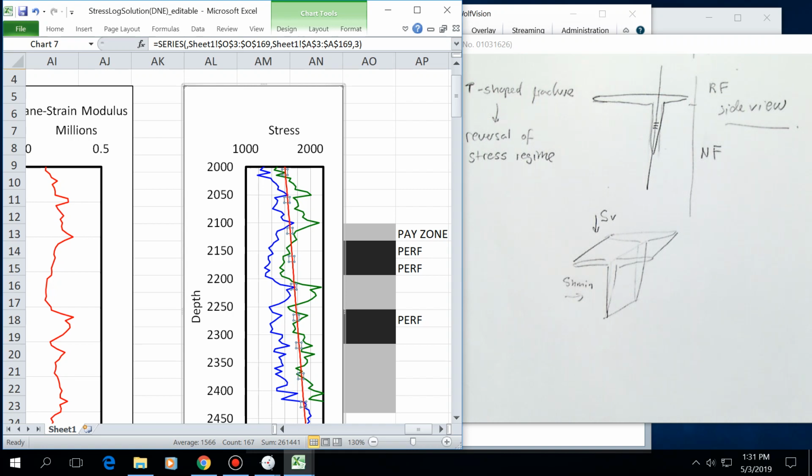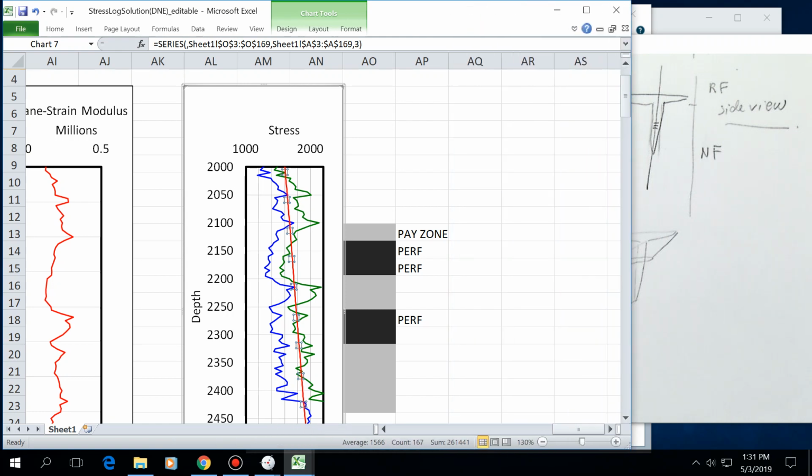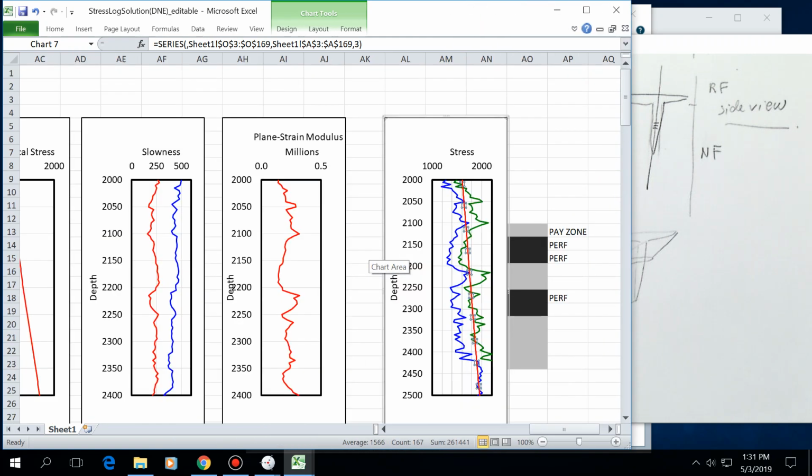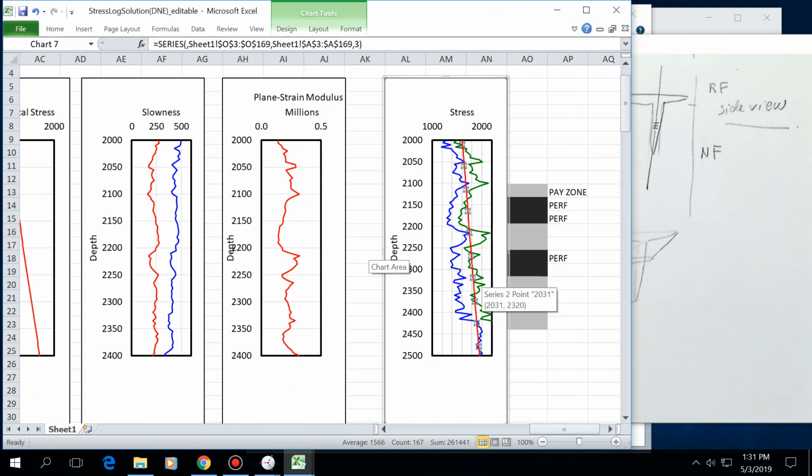All right, so what's the takeaway message from this? I want you to be able to read these stress logs. I want you to be able to tell me if I were to start a hydraulic fracture in any location, what's going to happen to that hydraulic fracture.